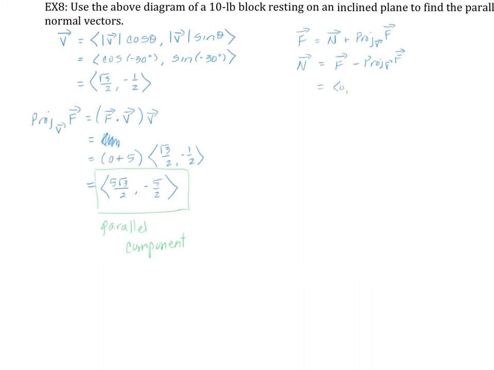So that would be 0, -10, minus 5 square root 3 over 2, comma -5/2.